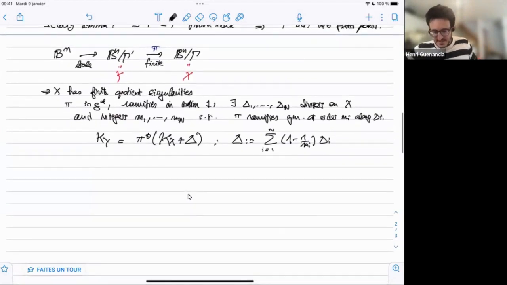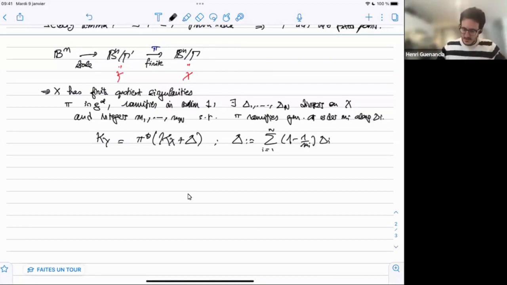So the thing that is new is that now my ball quotient has orbifold singularities, and the natural bundle to look at that's going to be ample is not the canonical bundle anymore, but this log canonical bundle KX plus delta. Well, delta is completely determined by the ramification of our group in codimension 1.